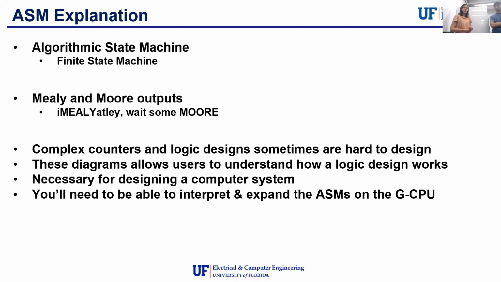So you may represent this finite state machine with a simple flowchart, like you've been making with counters, like numbers that point to each other. You can represent them with a next state truth table where you have the current state and the inputs, and that corresponds to an output of the next state bits and the outputs.